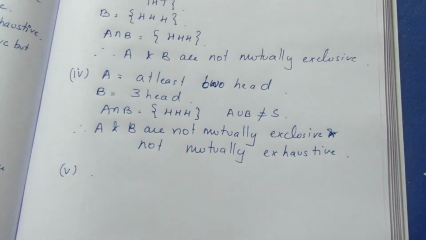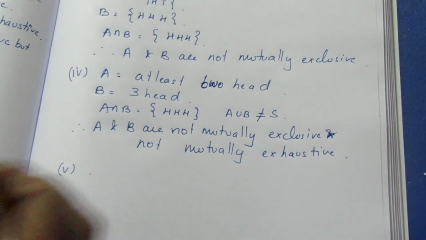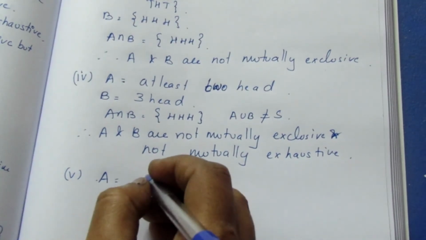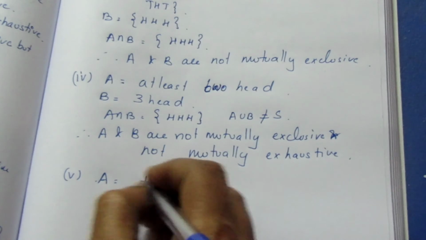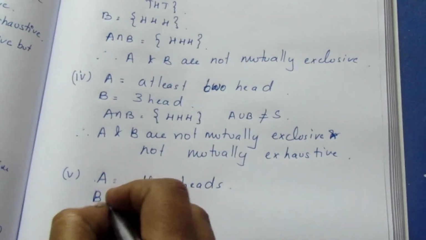In the fifth subdivision, they've asked us to write three events which are mutually exclusive but not exhaustive. So let me take A. We need to show three events A, B and C. A is 3 heads and B is 3 tails.